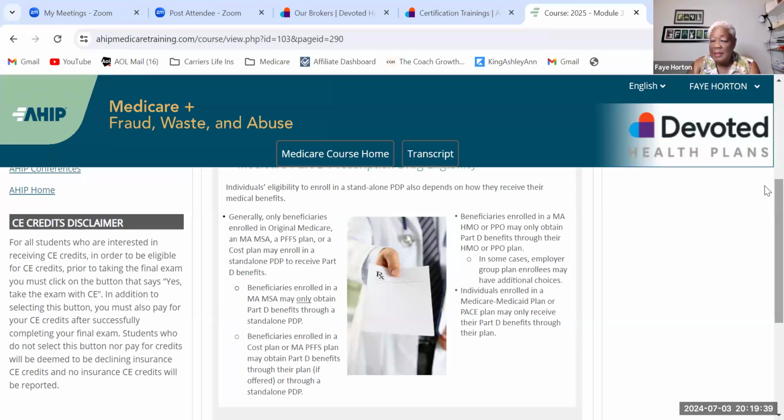In some cases, employer group plan enrollees may have additional choices. Individuals enrolled in a Medicare-Medicaid plan or a PACE plan may only receive their Part D benefits through their plan.